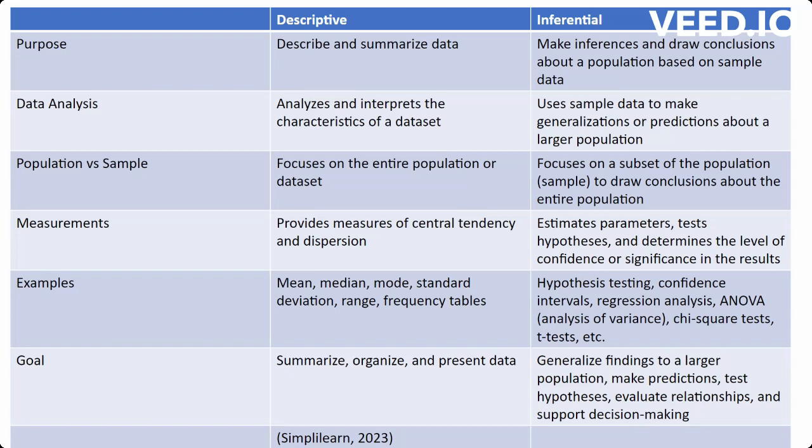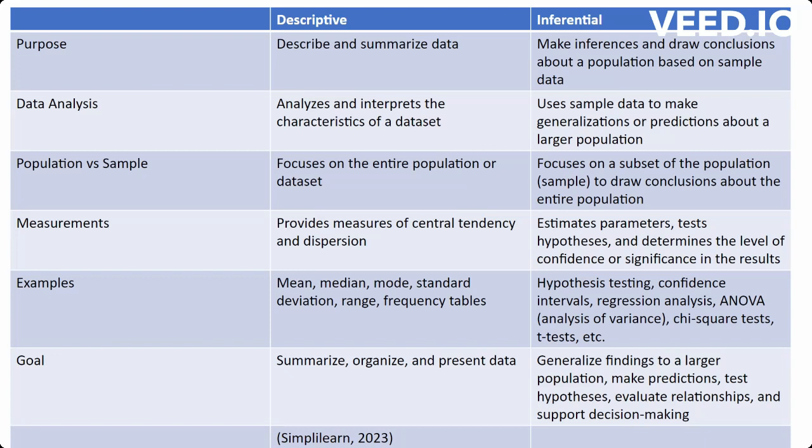Here we also look at population versus sample. Under descriptive, it focuses on the entire population or a data set. It can also be a sample under descriptive, just a data set or the entire population. And then under inferential, the focus is on a subset of the population, your sample.